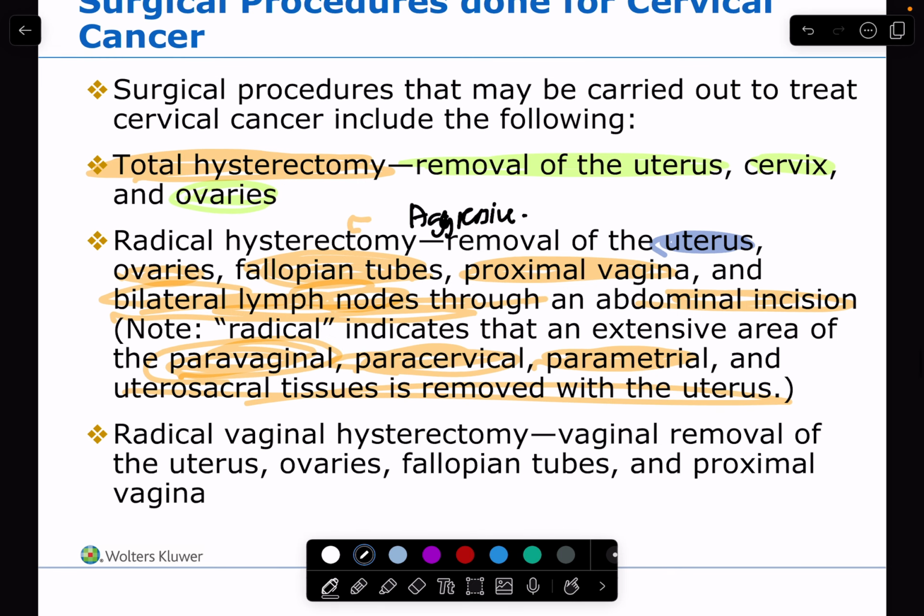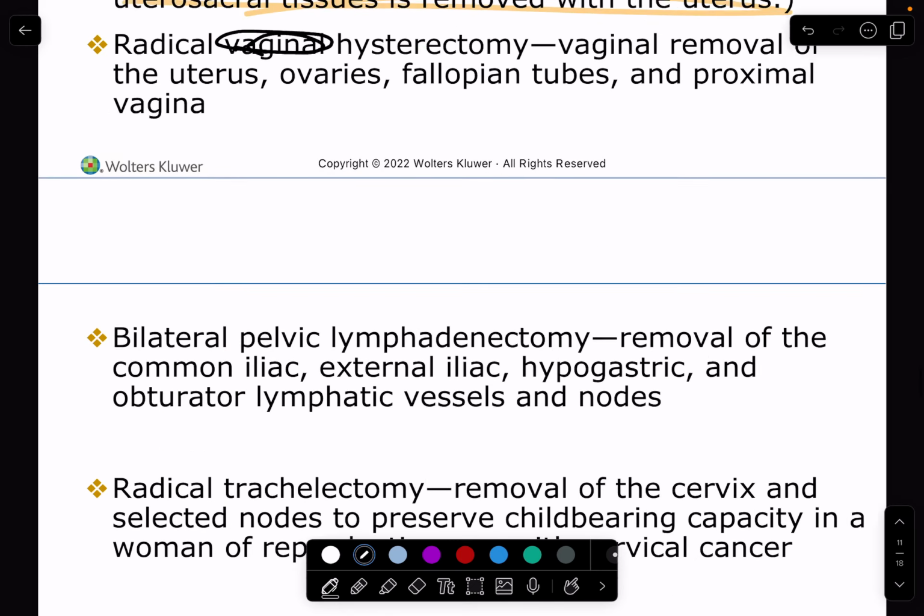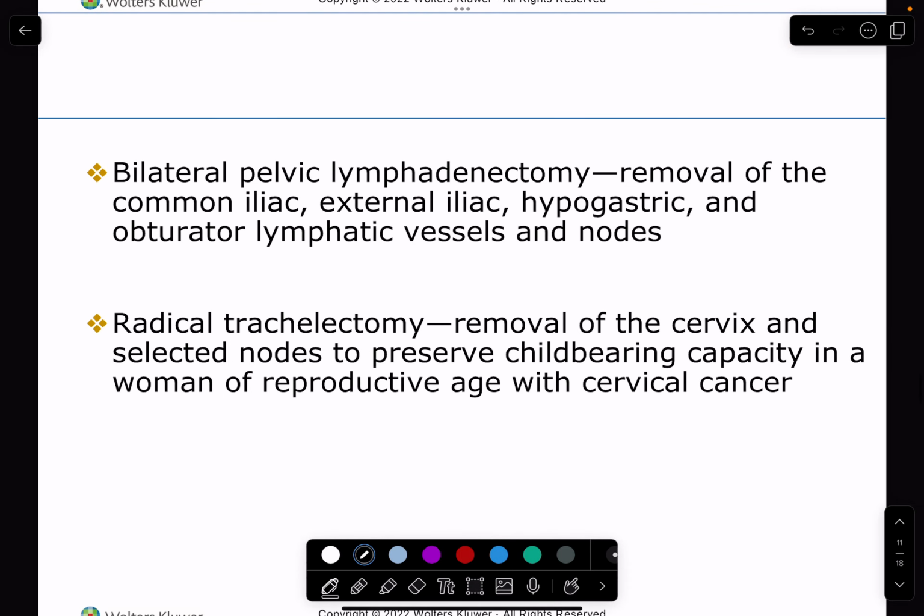Radical vaginal hysterectomy naman, hindi abdominal incision but rather more on the vaginal part ang kinukuha. Vaginal removal of the uterus, ovaries, fallopian tubes, and proximal vagina. Okay? Bilateral pelvic lymphadenectomy, so removal of the common iliac.